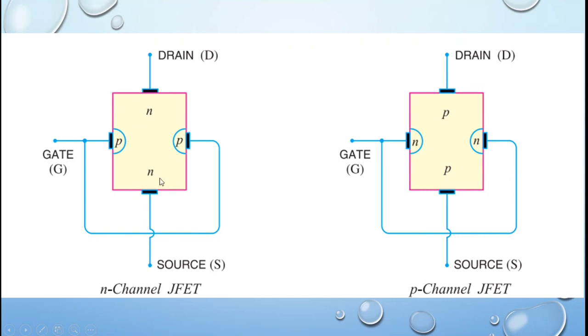At both ends there is a small P type semiconducting material. Two P type semiconducting materials are there, and these two P type semiconducting materials are internally connected.